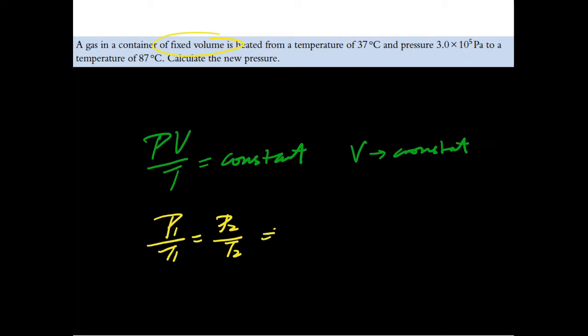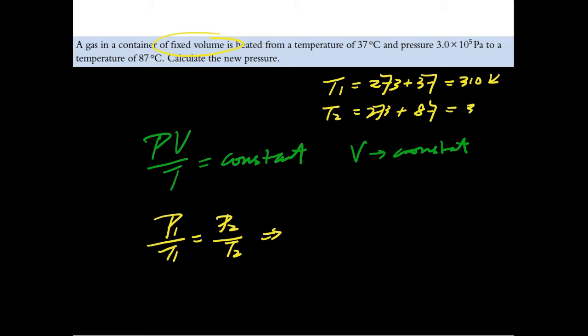So T1 equals 273 plus 37, that is 310 Kelvin, and T2 equals 273 plus 87, that is 360 Kelvin. Now we can substitute values.